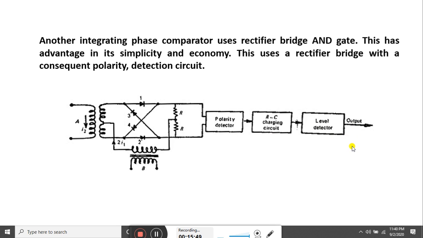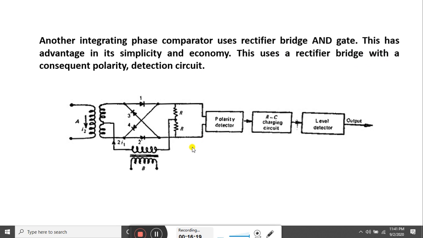What is the advantage of having this type of circuit for the integrating type of phase comparator? It has an advantage in its simplicity and economy. Secondly, it uses a rectifier bridge with a consequent polarity detection circuit.